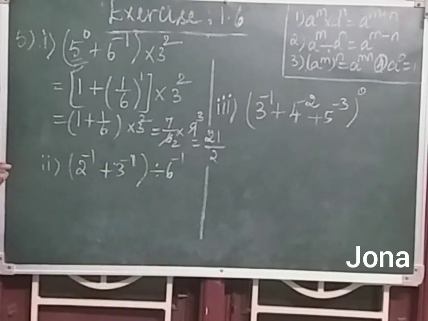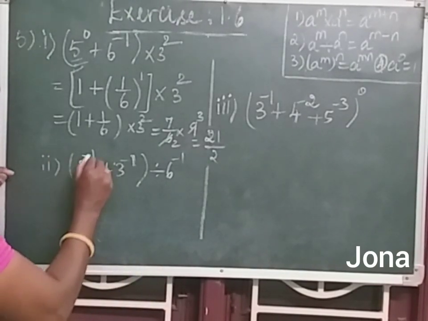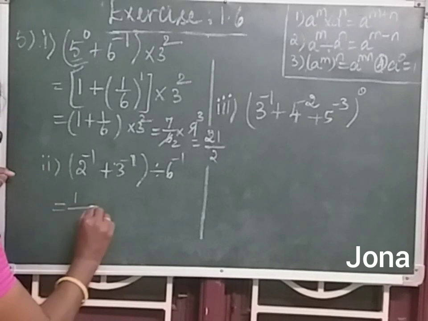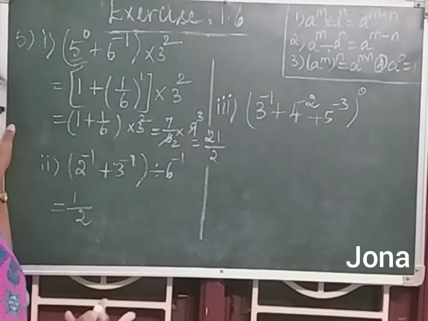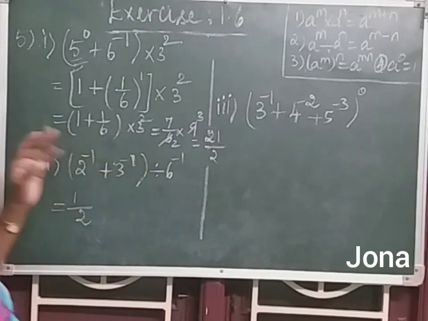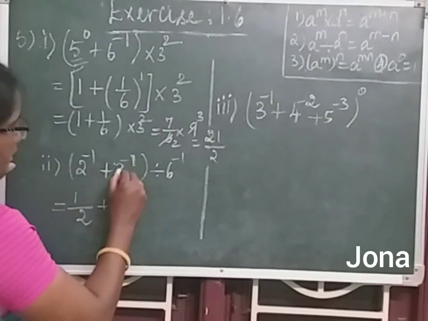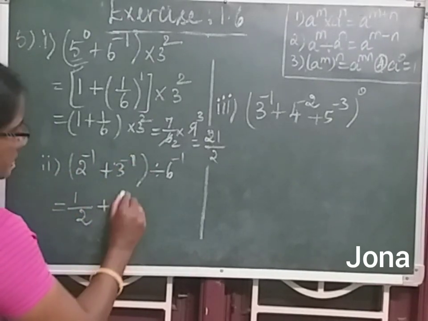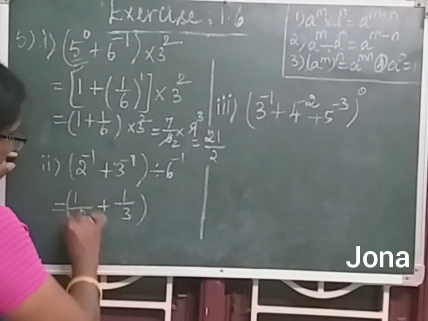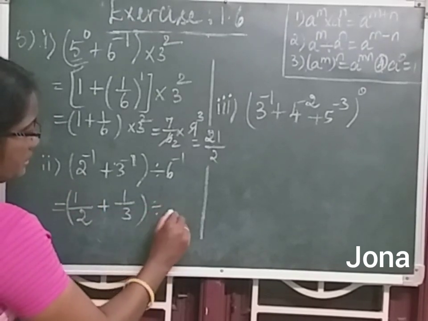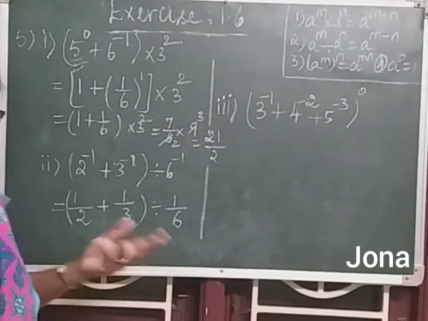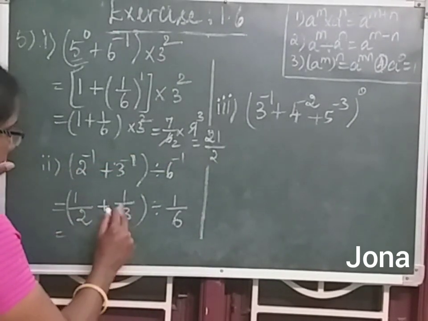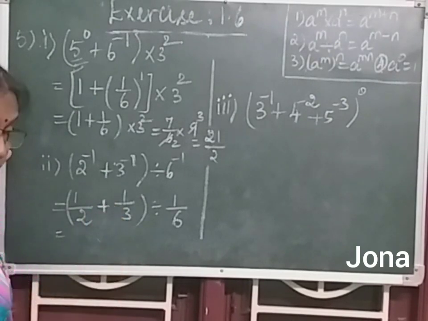Look at the next problem. Here 2 power minus 1, I can write this as (1/2) whole power 1, so no need to write power 1. Keep as it is. Here 1 by 3 divided by 1 by 6. This 1 and all, no need to write there. Okay, so I want to take the LCM here because it is in plus symbol.